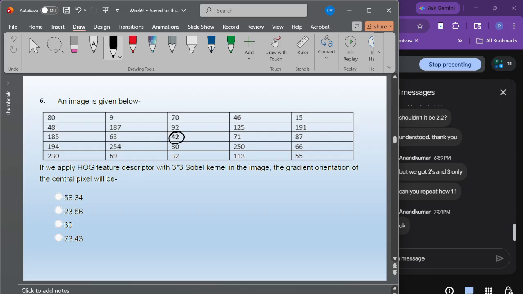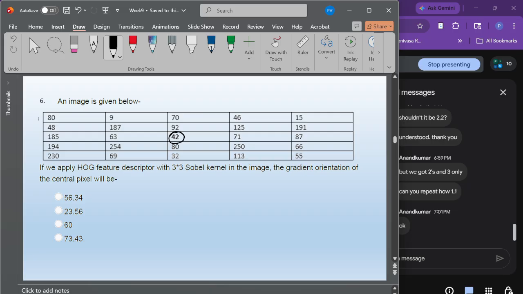So here the image matrix is a 5 cross 5 grid, and the central pixel is at third row and third column, and the value is 42.